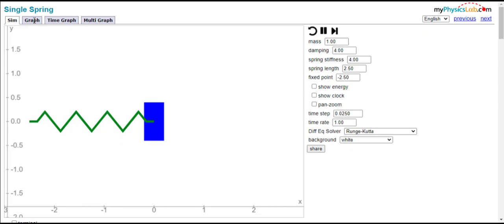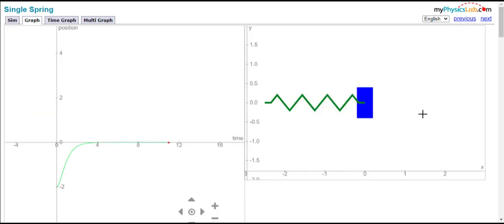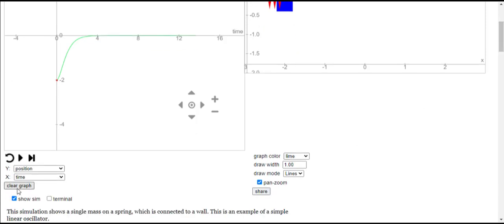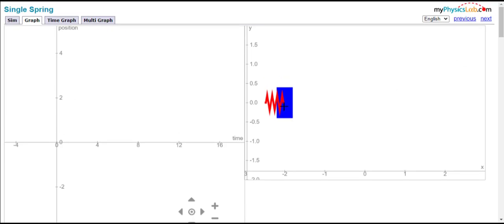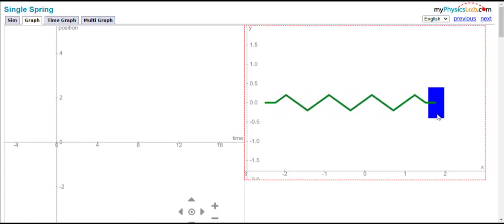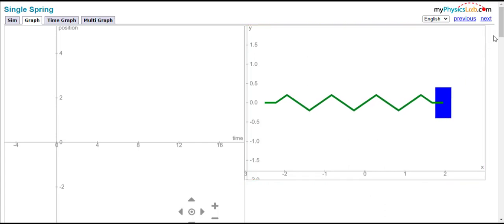Let us observe this graphically too. I wish to have the graph in positive instead of negative, so I'm pulling it and putting it here at roughly positive 2.